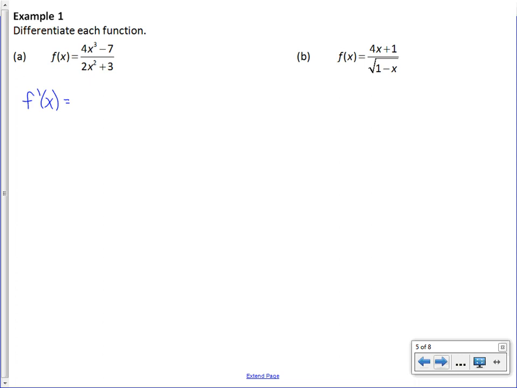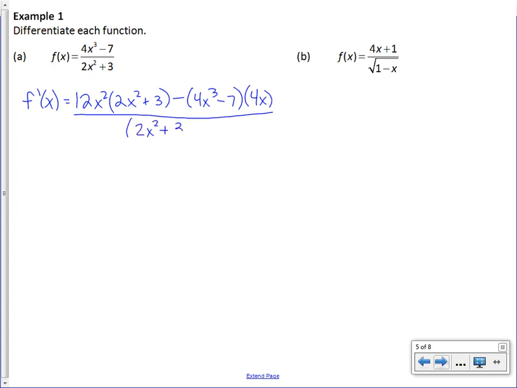Derivative of top: 4x cubed derivative is 12x squared, derivative of 7, 0. Times the bottom, I copy the bottom. Minus top, I copy the top. Times derivative of bottom, derivative of 2x squared plus 3: 4x, very good. All over bottom as a package squared.